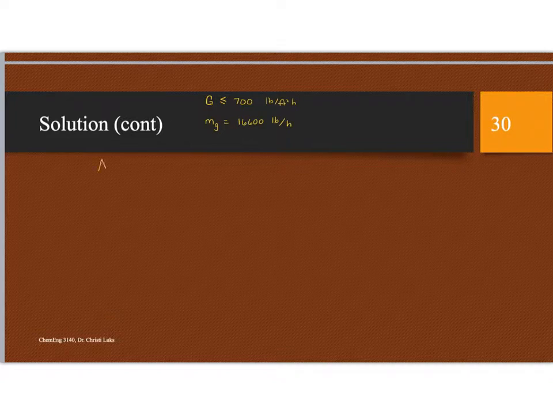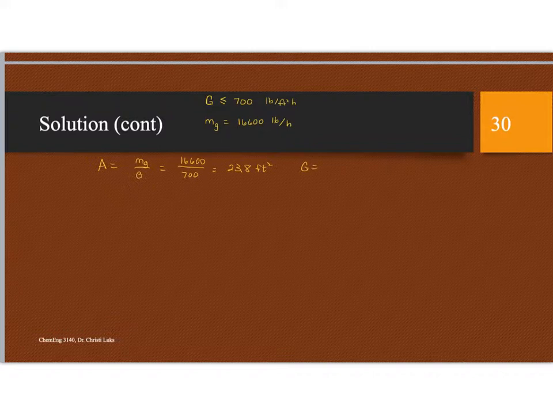So I can use this as a way of estimating what the area needs to be. So it's going to be mg over the superficial gas velocity. So 16,600 over 700 gives me an area of 23.8 square foot.